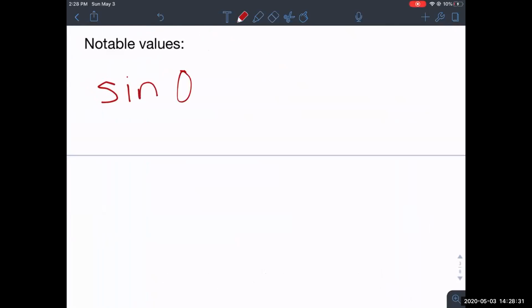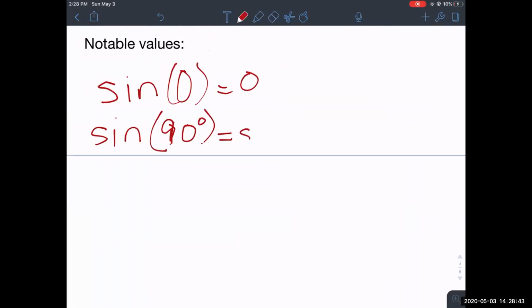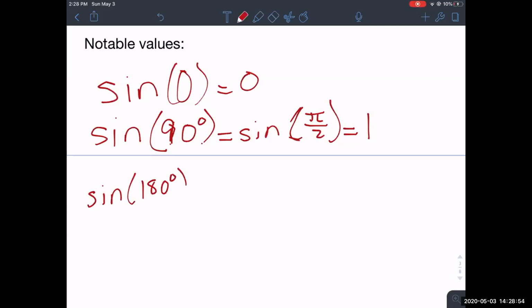Sine 0 is going to be 0. This next part depends on whether you're in radians or degrees. Sine of 90 degrees or sine of pi over 2 is equal to 1. Sine of 180 degrees or sine of pi is equal to 0.